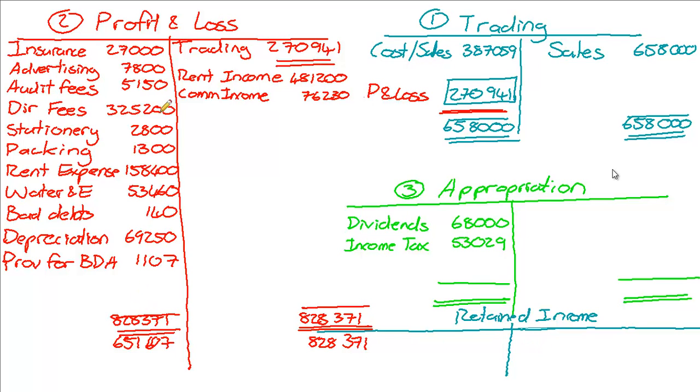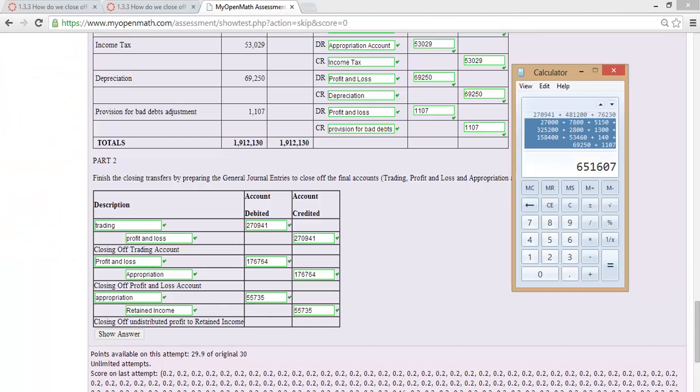Now for my debits to equal this 828,371, I'm going to have to fill in the balancing figure here, and again it's going to be the total credits minus my total debits. 828,371, which is the total credits, minus my total debits of 651,607, and that's going to give me a credit balance.